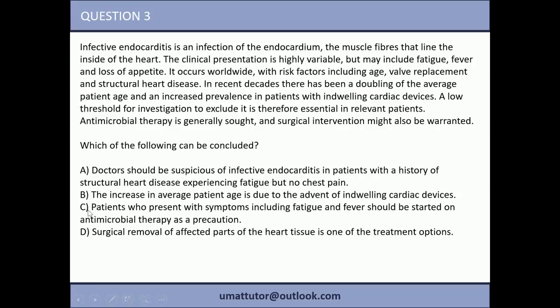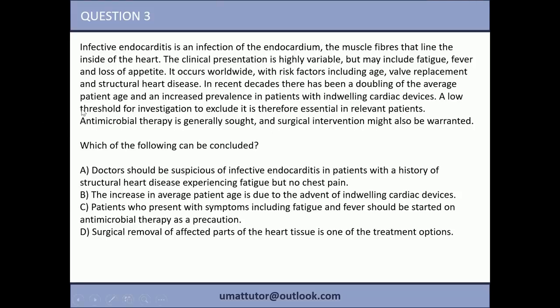With C, patients who present with symptoms including fatigue and fever should be started on antimicrobial therapy as a precaution. So the wording here is very definite. It's saying that they definitely should be started. It mentions that antimicrobial therapy is generally sought, but it doesn't really say if it's done prophylactically, in other words, as a precaution before a diagnosis is made, or if it's only started once a diagnosis is made.